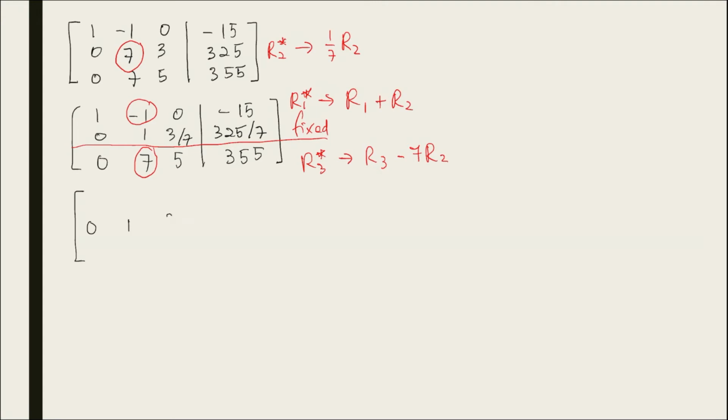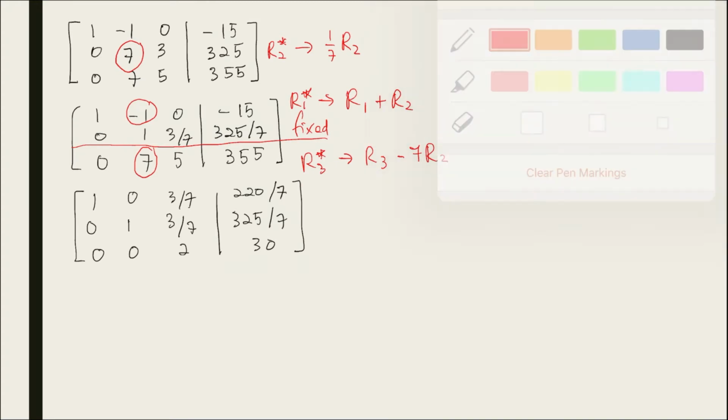The second row, just write back. The new first row would be 1, 0, 3 per 7, then 200 per 7, and the new third row is 0, 0, 2, 30. So we're done with the second column.